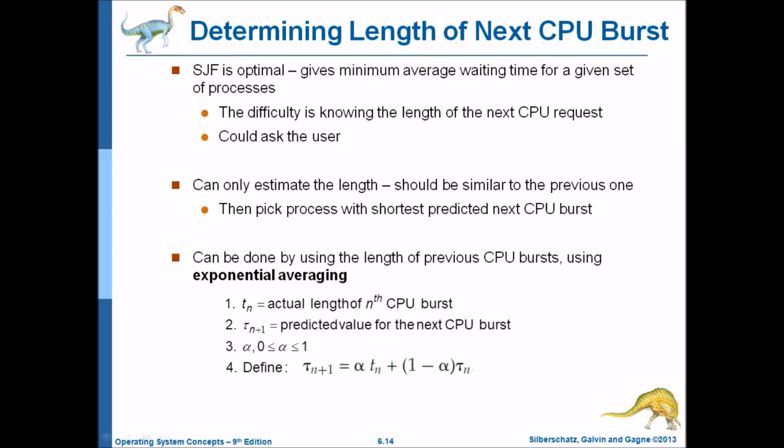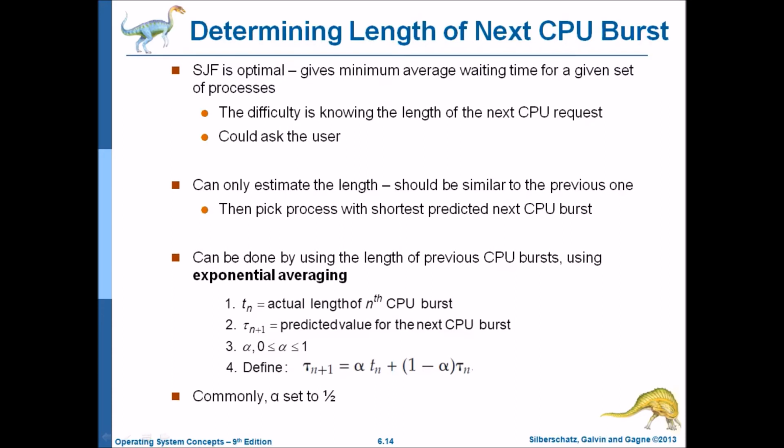In this scheme, the previous estimate contains the history of all previous times, and alpha serves as a weighing factor for the relative importance of recent data versus past history. Most commonly, alpha is set to 1/2. Shortest job first can either be preemptive or non-preemptive.